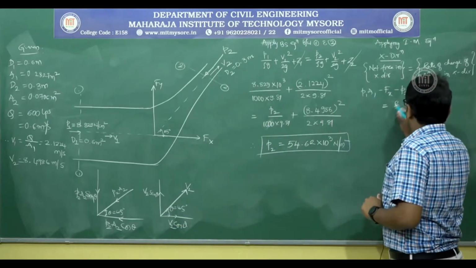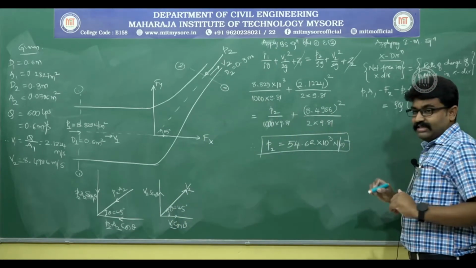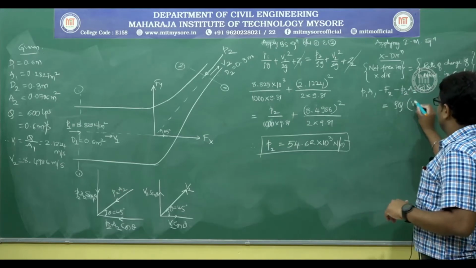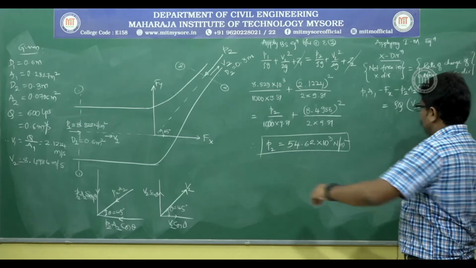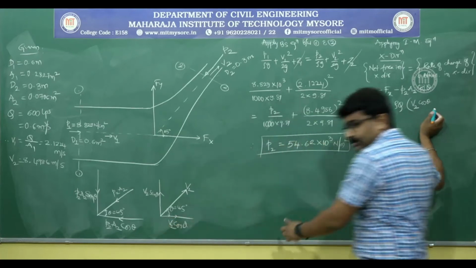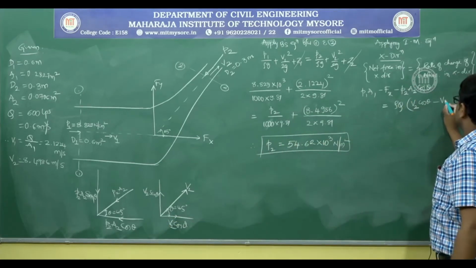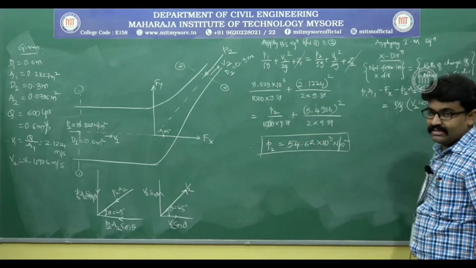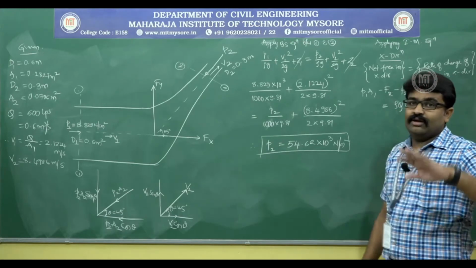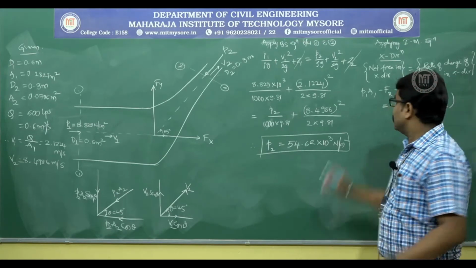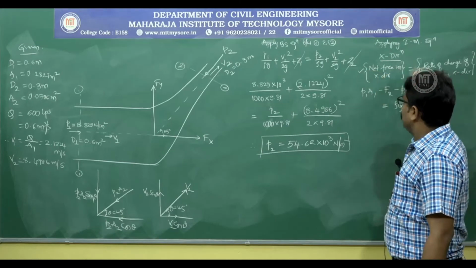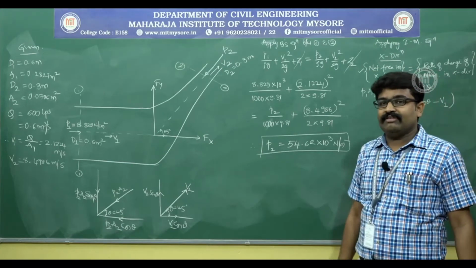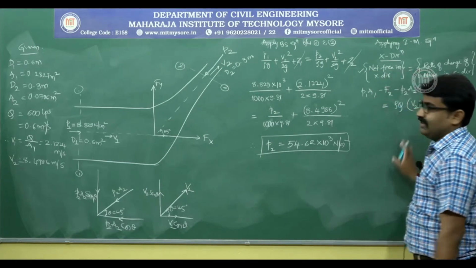That means rho q into final velocity minus initial velocity. Final velocity is V2 cos theta in positive x direction, minus the initial velocity in x direction, V1. That's why I said you need not remember any equation provided you know what the impulse momentum equation is. Using that I have written this.